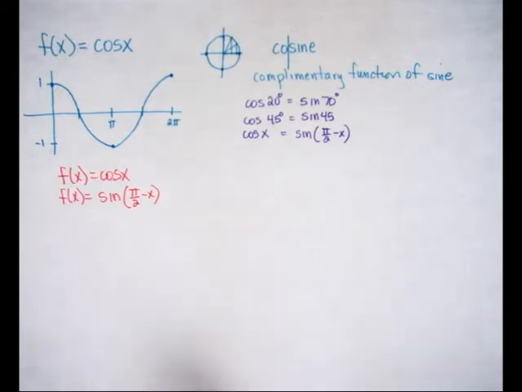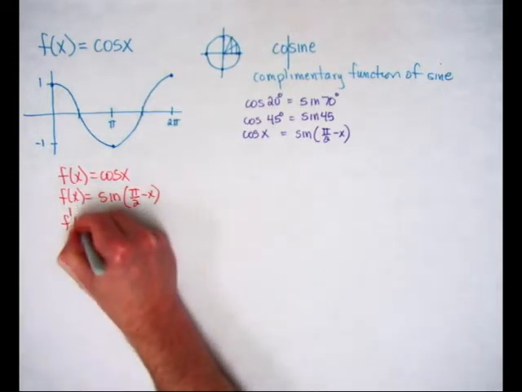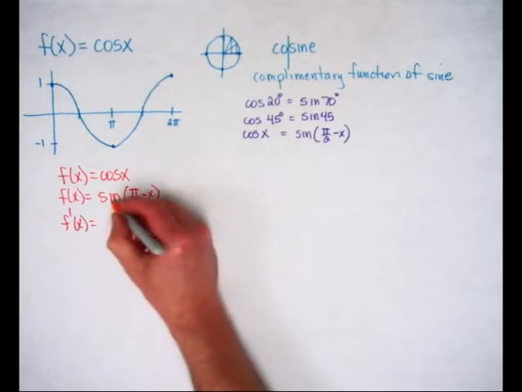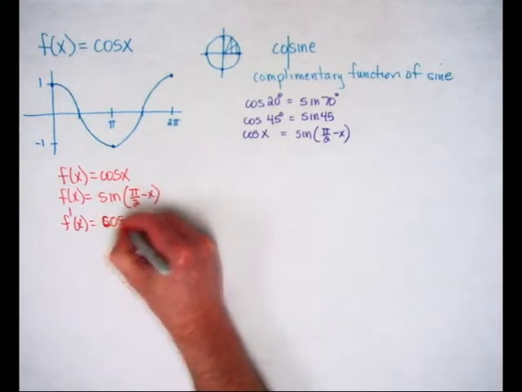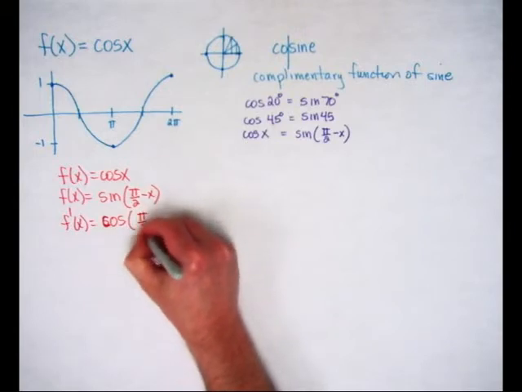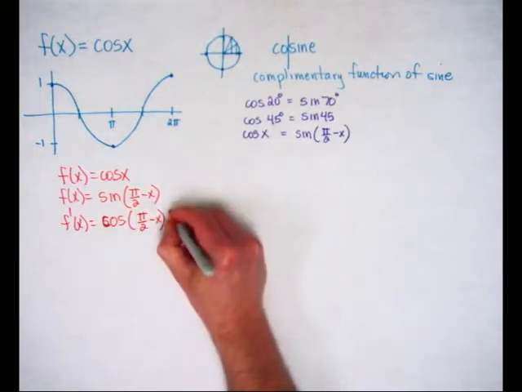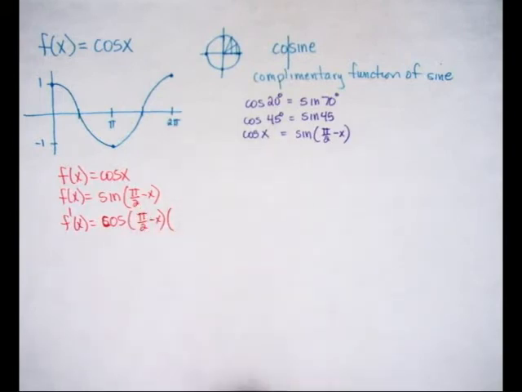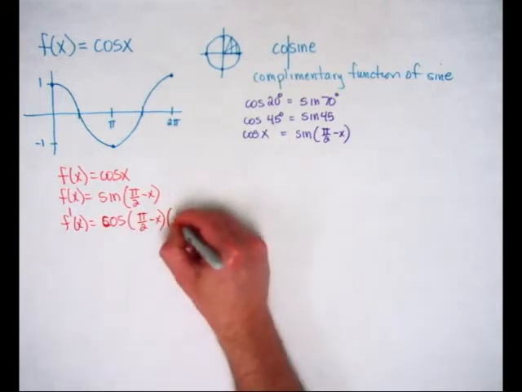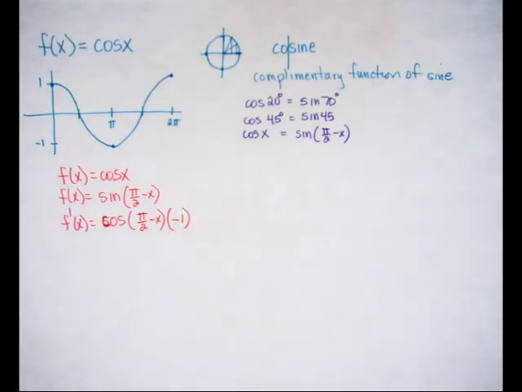Now we can take the derivative. The derivative f prime, if you have the sine of an argument, the derivative says that you take the cos of the argument, but then you have to always multiply by the derivative of the argument. Well, pi over 2 is a constant, so it has a derivative of 0, and negative x would just have a derivative of -1.